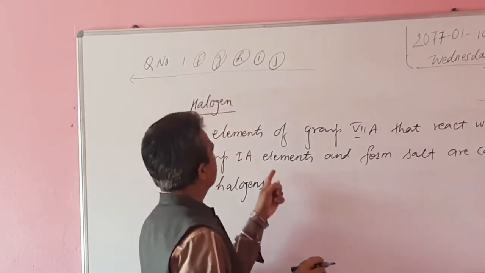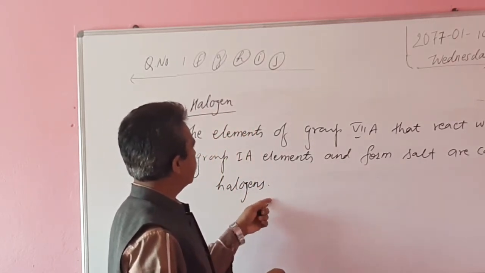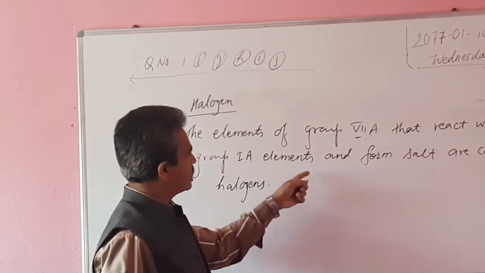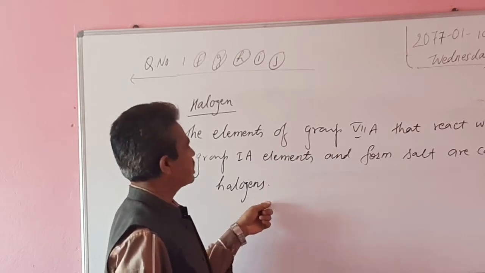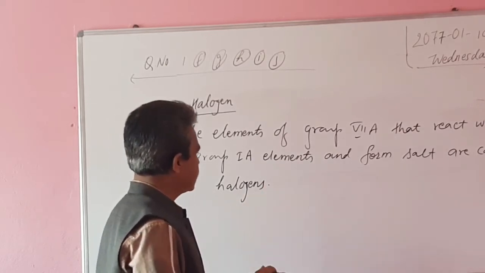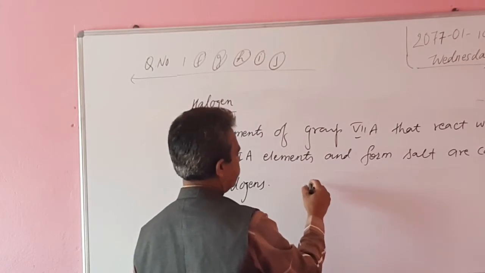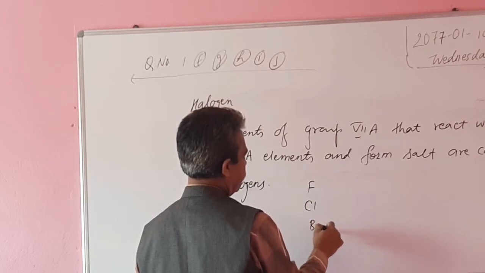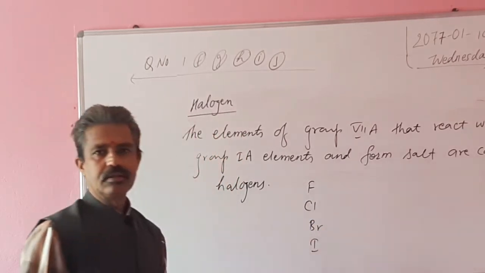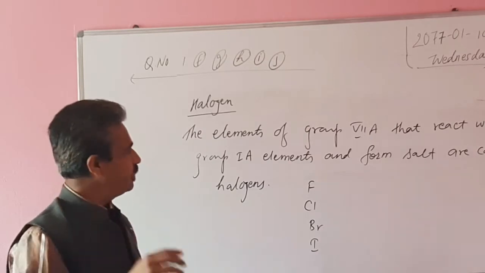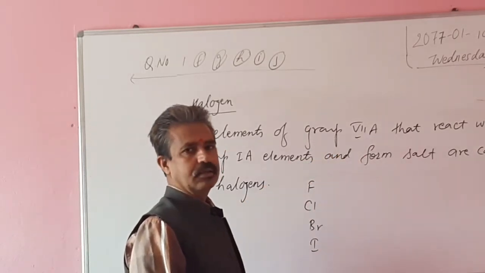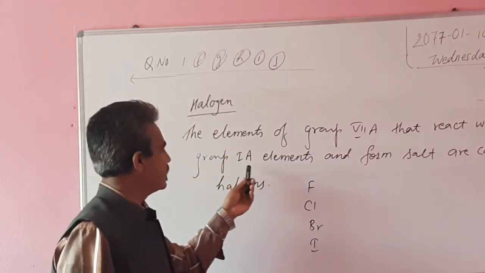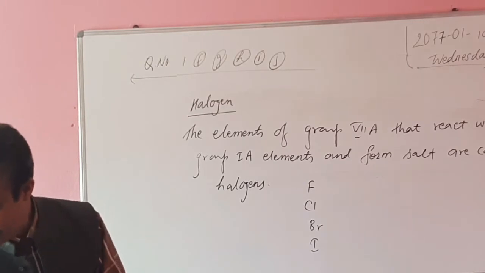Or simply we can say those elements which react with metals and form salt. You can write those elements which react with metals and form salts are called halogens. Examples of 7A elements are fluorine, chlorine, bromine, iodine. Just you have to keep in mind, halogens are kept in 7A. They react with metals and form salts. Especially they can form salts easily with 1A elements.